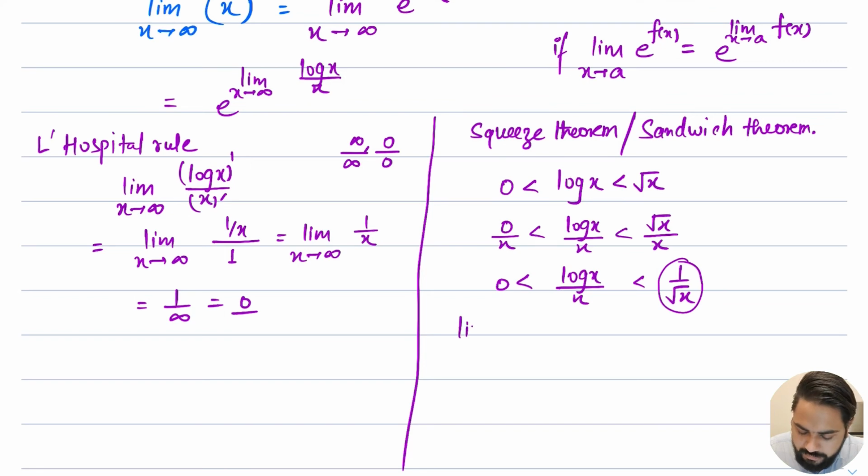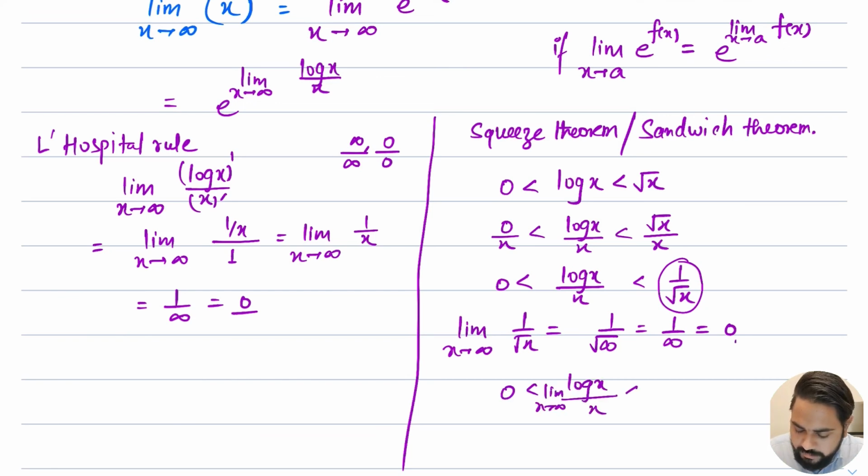As you know, limit x tending to infinity of 1 over root x is equal to 1 over root of infinity, which is again 1 over infinity and is equal to 0. So this lying between 0 and 0, the limit of this function itself is equal to 0. So we can write limit x tending to infinity of log x over x is equal to 0.